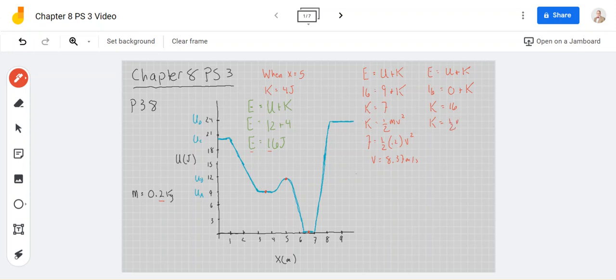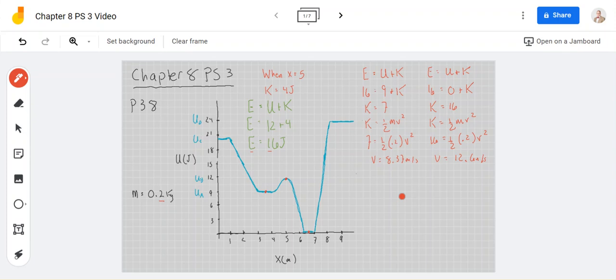It's equal to 1/2 mv squared. So 16 equals 1/2 times 0.2 times v squared, and v is equal to 12.6 meters per second. Now, it makes sense that this one is faster because it has less potential energy. Less potential, more kinetic, more speed. Okay.